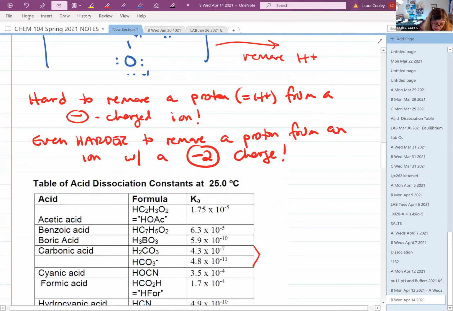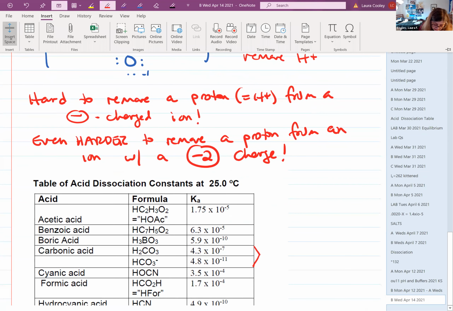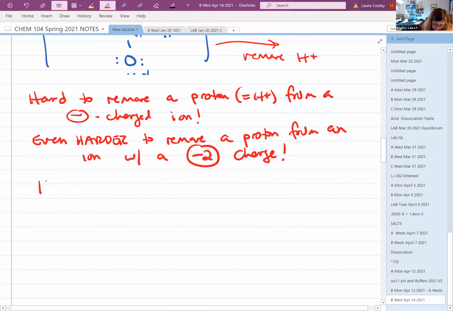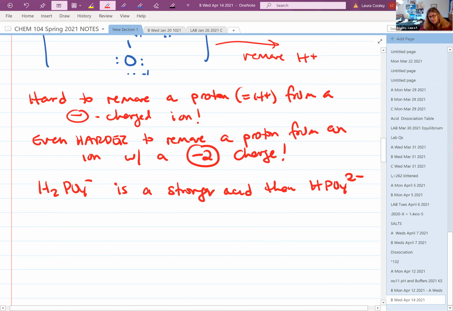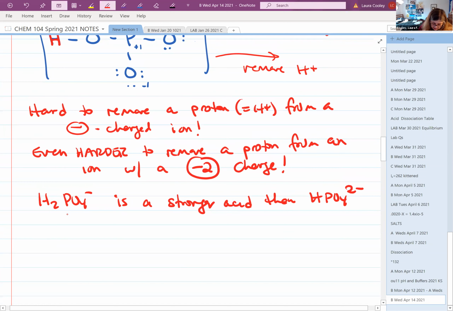So the bottom line here is that H2PO4 minus is a stronger acid than HPO4 2 minus, okay? Because it's got a smaller negative charge. So taking the proton away from only one negative is easier than taking a proton away from something with 2 negatives.